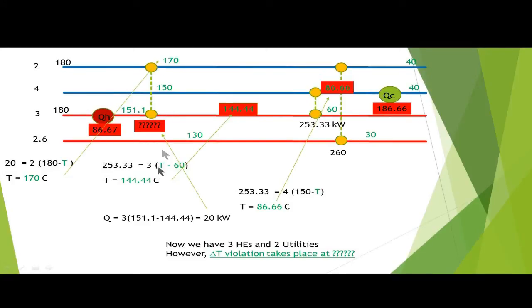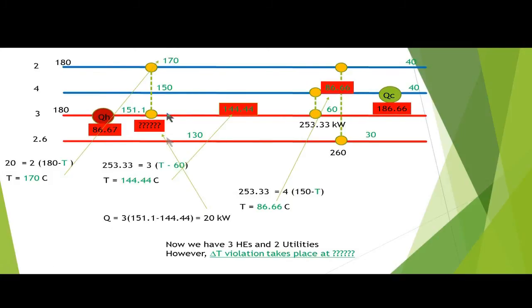So 151 minus 144 multiplied with Cp, and then what I get is Q equal to 20. And when I get this 20, of course, we will get the temperature outlet of this hot stream as well.